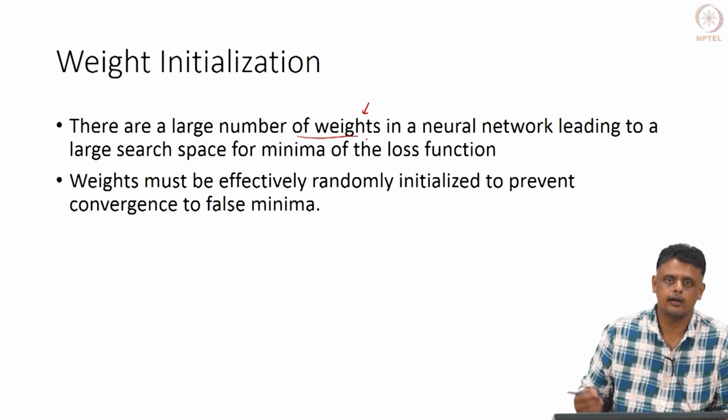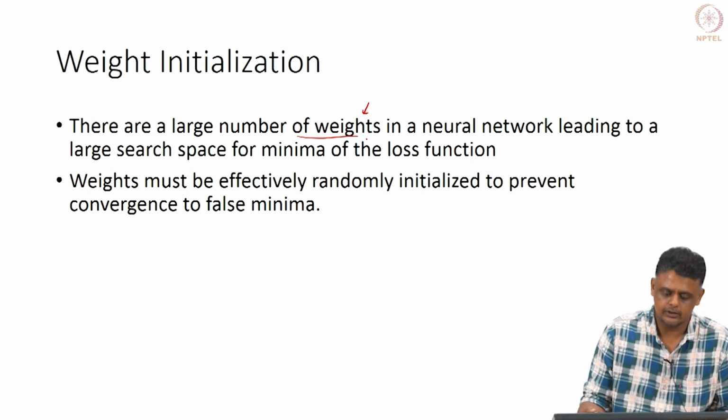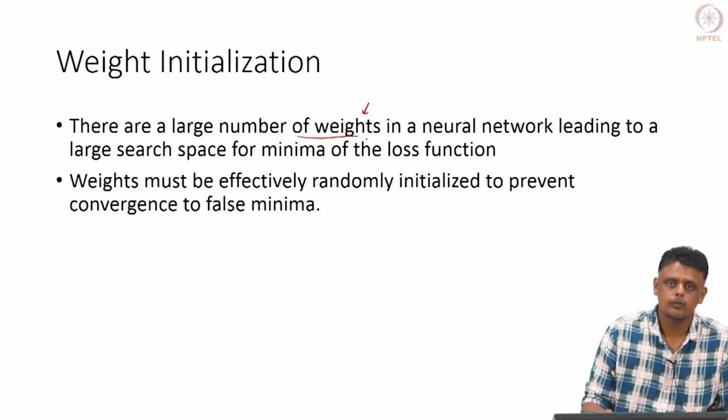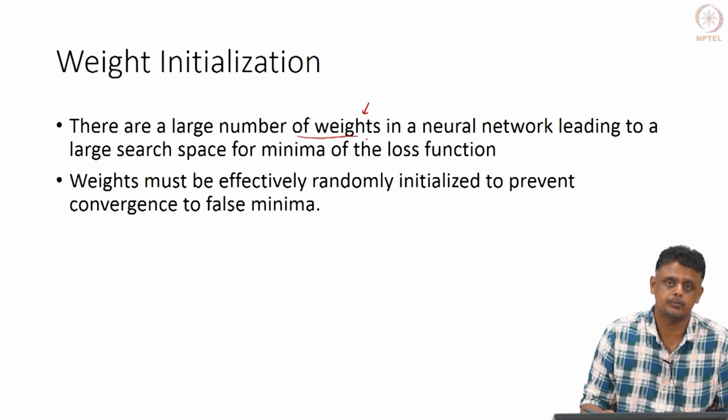So, you are looking for a combination of 100 million weights or more, which will actually work, and the weights must be initialized randomly, to prevent convergence to false minima and also to explore the entire space.